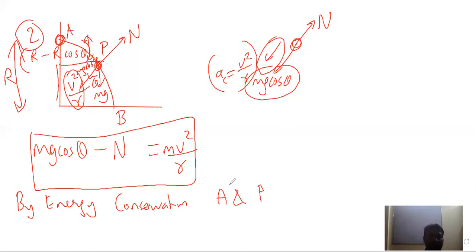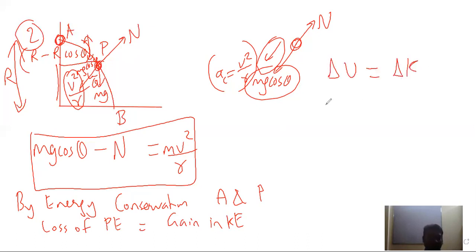So if I apply energy conservation at A and P, we will have the loss of potential energy equal to the gain in kinetic energy.